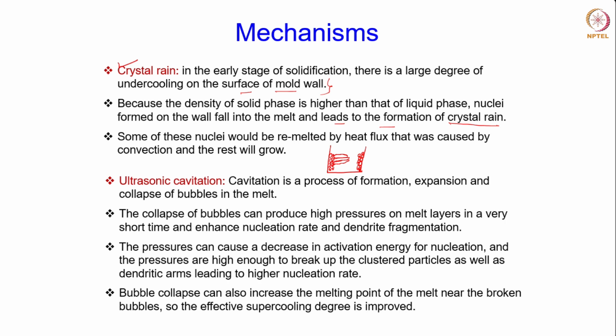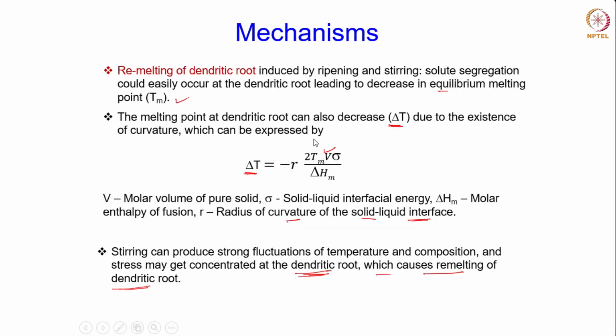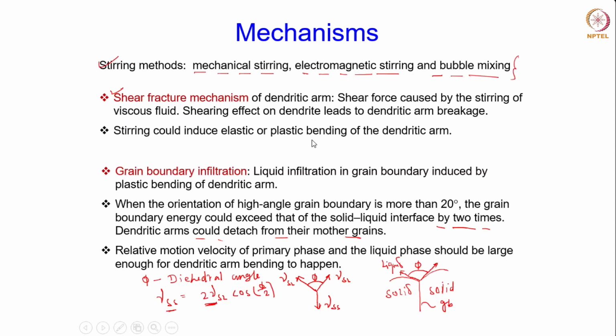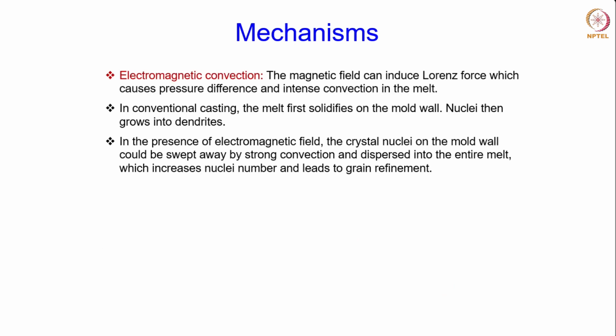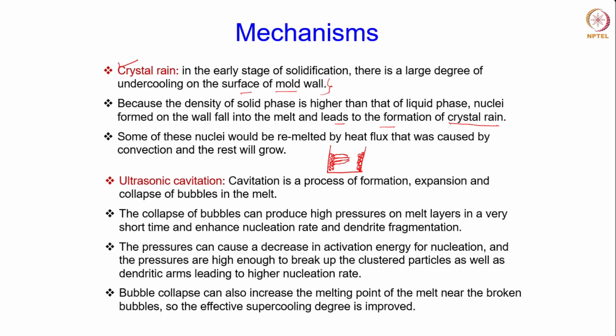So these are the different mechanisms of grain refinement that is achieved by stirring or vibrating the melt. So apart from physical or mechanical vibration, this vibration can also be generated by other means, for example, by ultrasonic waves. If you expose the liquid metal to ultrasonic waves, it can create a lot of vibration in the melt and can lead to a mechanism which will refine the grain cells.